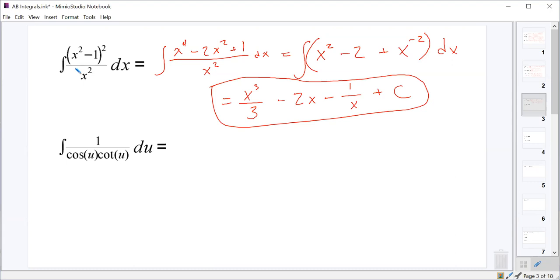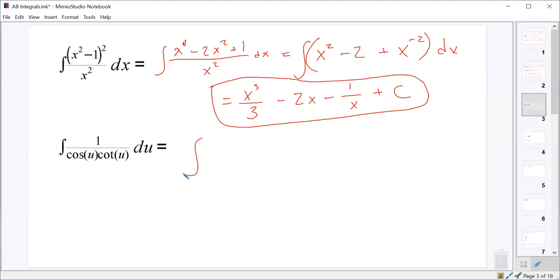What about the next one? Try and simplify the denominator. Okay. What could I rewrite it as? Secant of u and tangent of u.